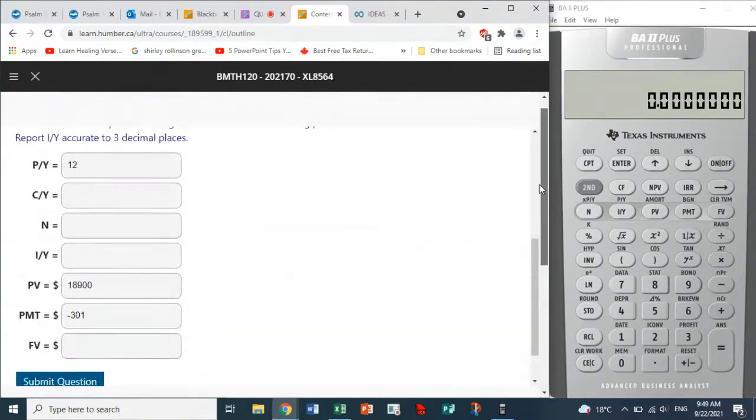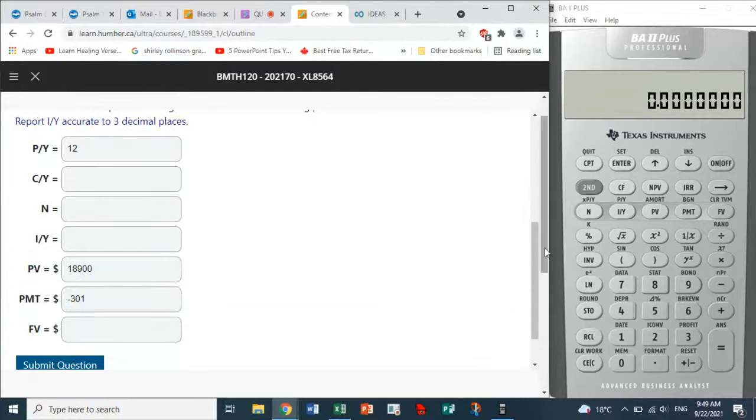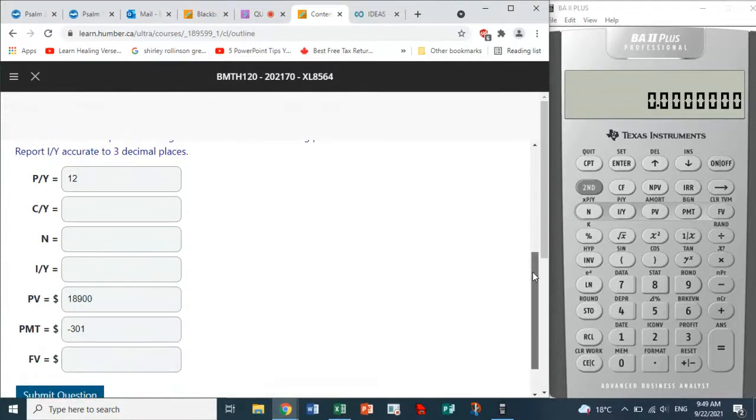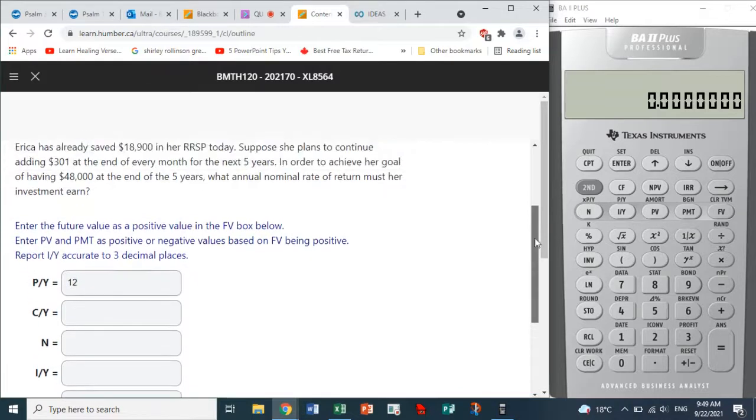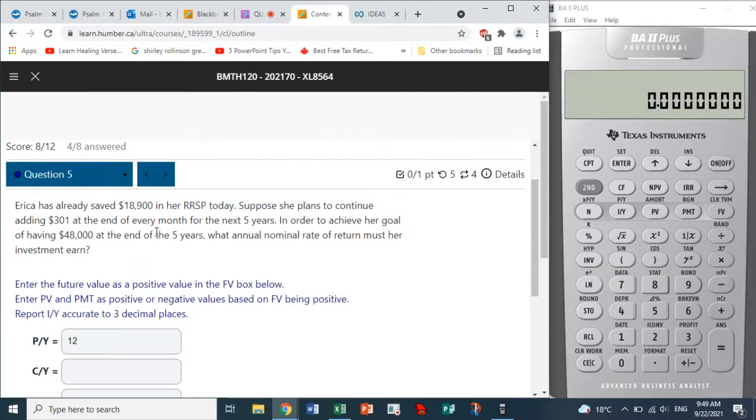And the amount is how much? It's $48,000, and that has to be positive. So let's see what happens. The compounding is done.